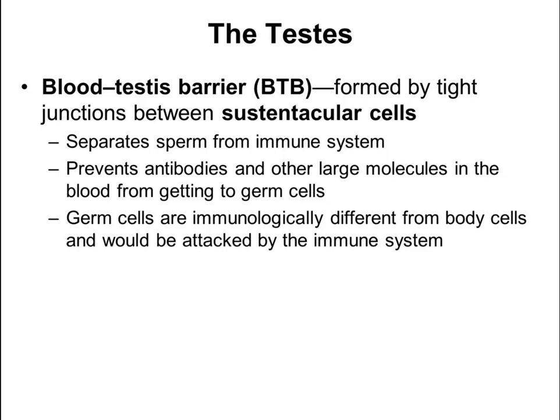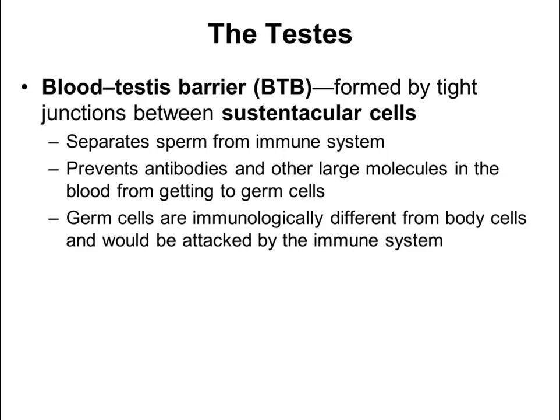There is what is called the BTB, the blood-testis barrier. And this is formed by tight junctions between the testicular cells. And this separates the sperm from the immune system.